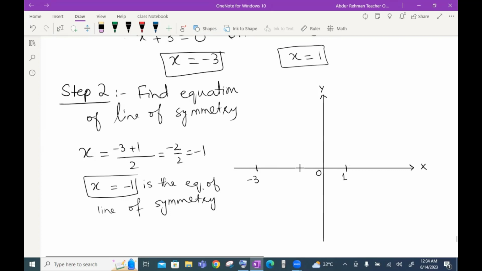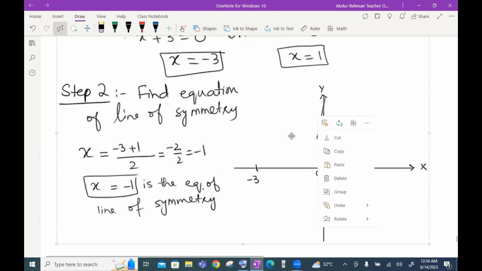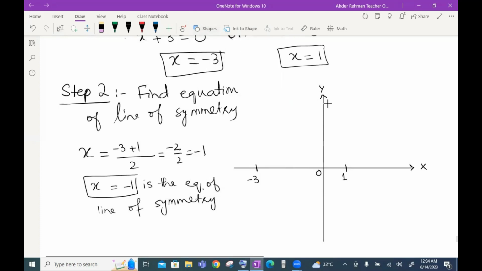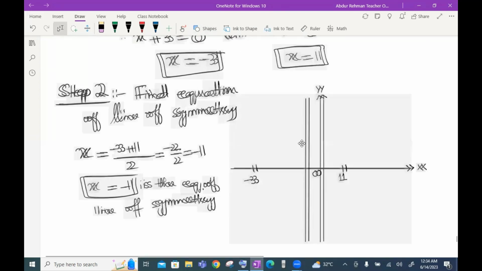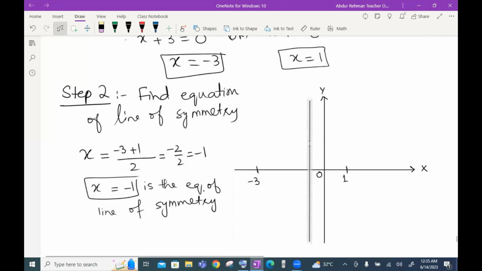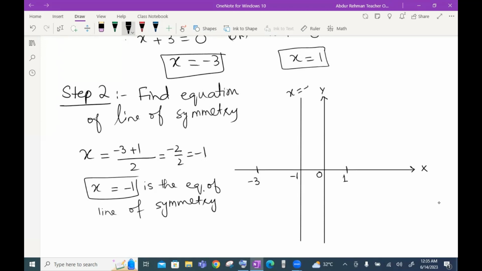This is the line of symmetry for the graph.